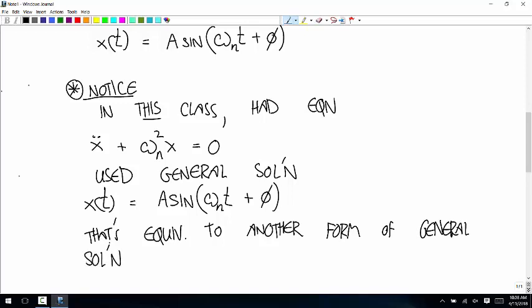And this totally equivalent, just sort of rewording of this general solution is the one that we're going to use for column buckling, column buckling in D form.